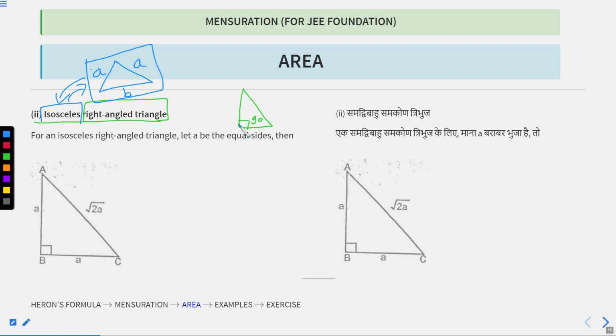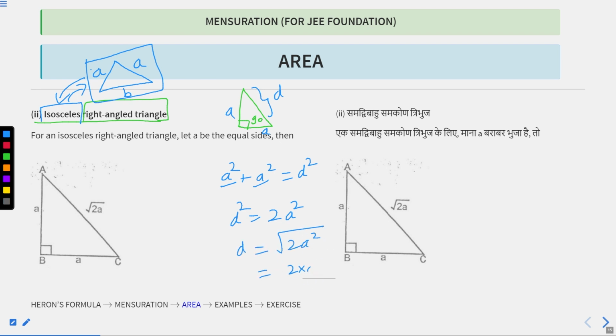So in a right isosceles triangle, the height and the base are of the same length. That means by Pythagoras, base square plus height or altitude square is equal to this side, let's say it is d, so d square. Now we calculate d square: it is a square plus a square, so we are adding two a squares. That means the sum is going to be 2a square. Now I'm applying the root over here.